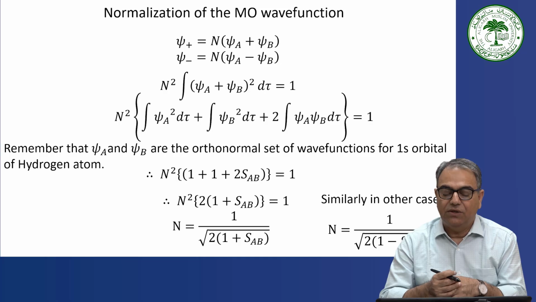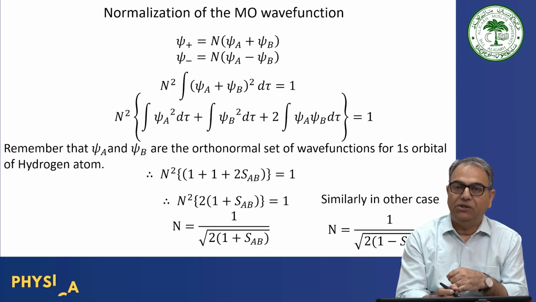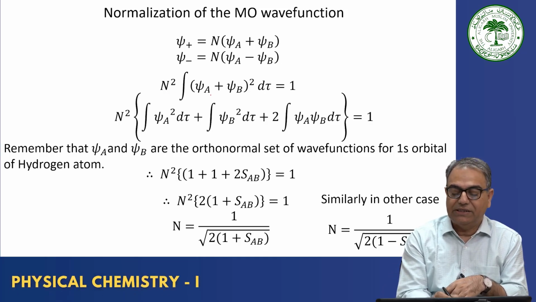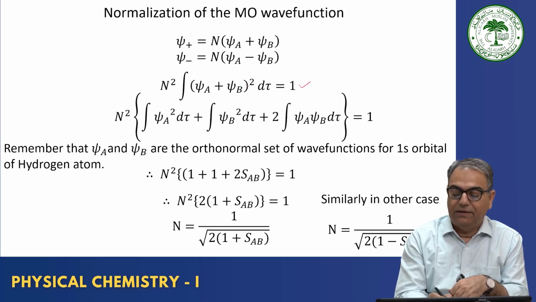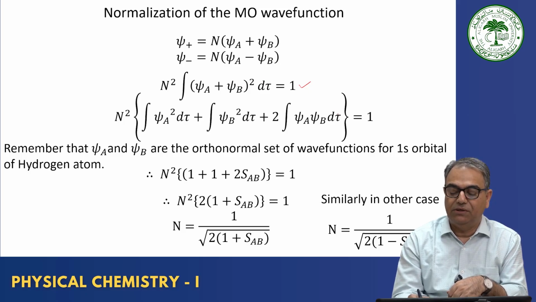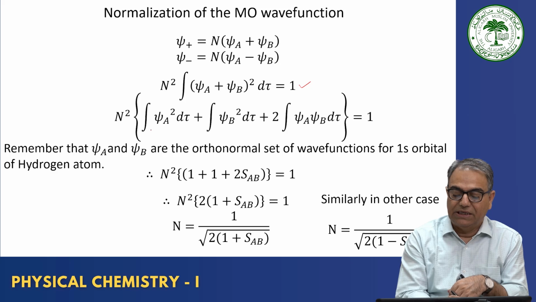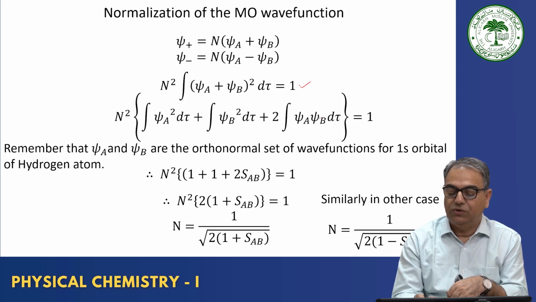So the normalization condition is the integral of psi squared d tau equal to 1. So n square times the integral of psi A plus psi B, squared, d tau is equal to 1. Okay. And then you can write n square, and psi A plus psi B squared d tau means psi A square d tau, psi B square d tau, and 2 psi A psi B d tau. So you have three integrals: psi A square d tau, psi B square d tau, and 2 psi A psi B d tau.